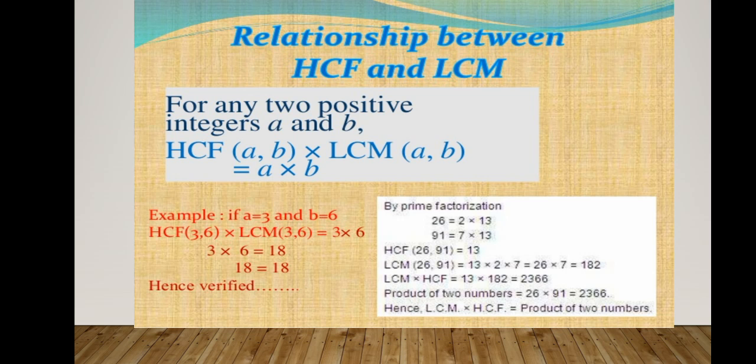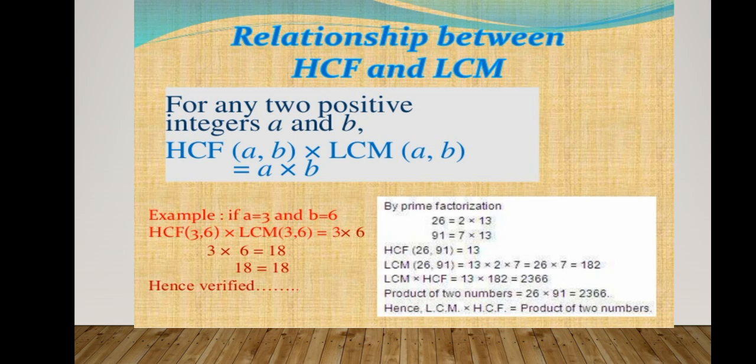Now by prime factorization: on prime factorizing 26 we have 2 into 13, and on prime factorizing 91 we have 7 and 13. The HCF of these two numbers is 13. The LCM of these two numbers is 13 into 2 into 7, means 26 into 7, that is 182.